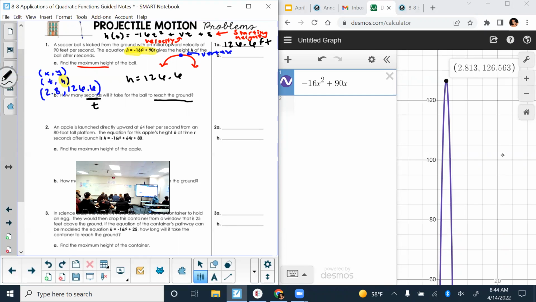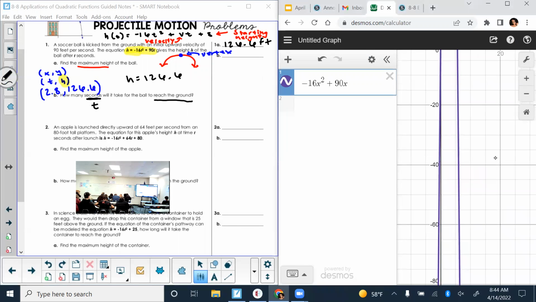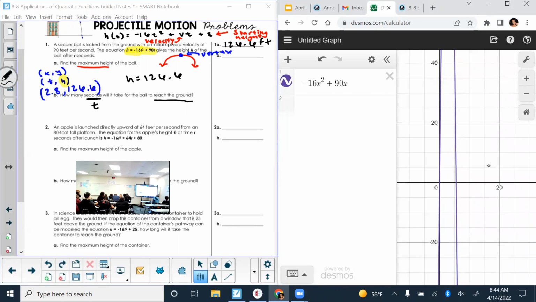If I want to know when the ball reaches the ground, I'm going to have to go to the x-axis, because that's kind of like our ground. And it intersects at two spots at the x-axis. Well, one of them is when I haven't thrown the ball yet, and the other one is when it's reached the ground. So which one is when it's reached the ground?